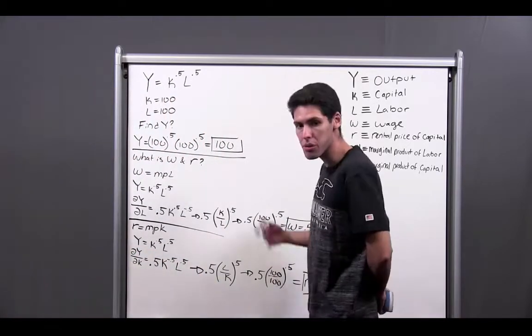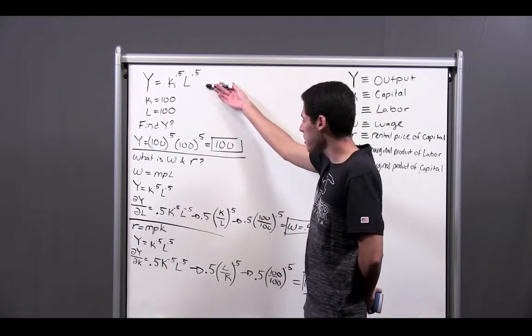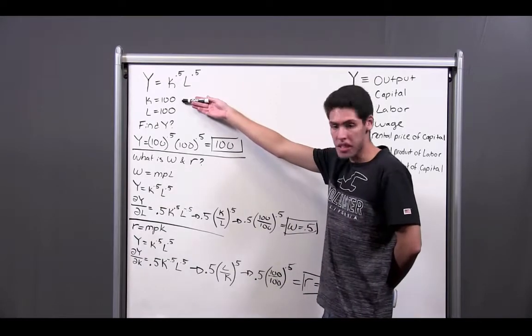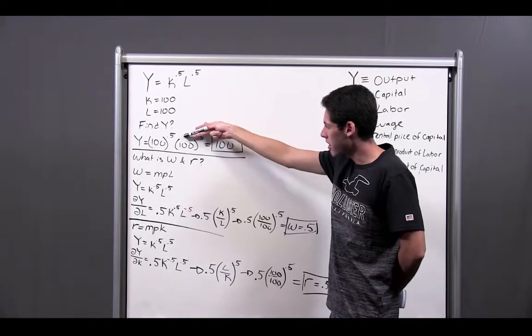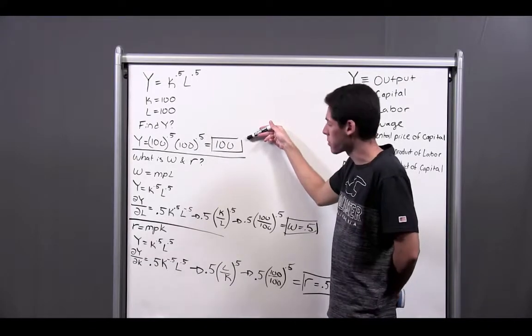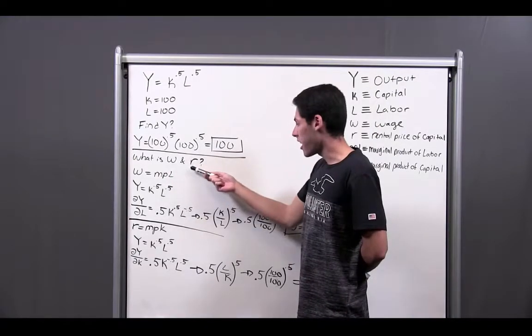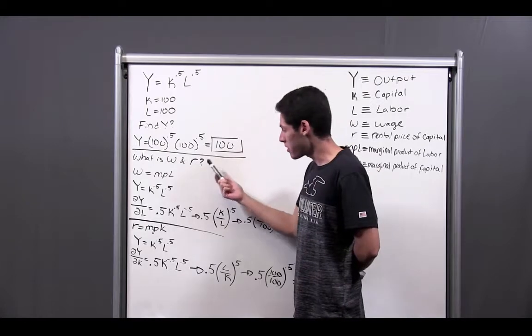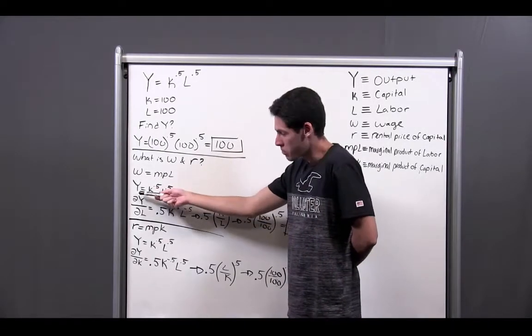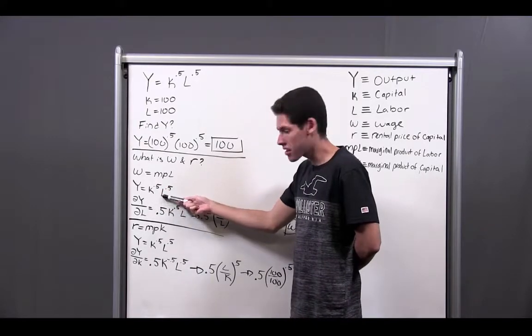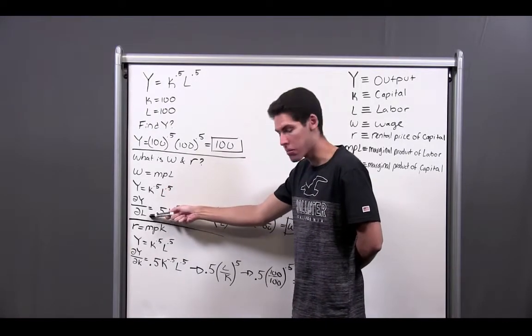Right there. So to review, output can simply be found by, with our given values of K and L, just plugging it into our production function, and that way we can find that output is equal to 100. To find wage and rental price of capital, well, we know that wage is equal to the marginal product of labor, so we just take this production function and take the derivative with respect to labor.